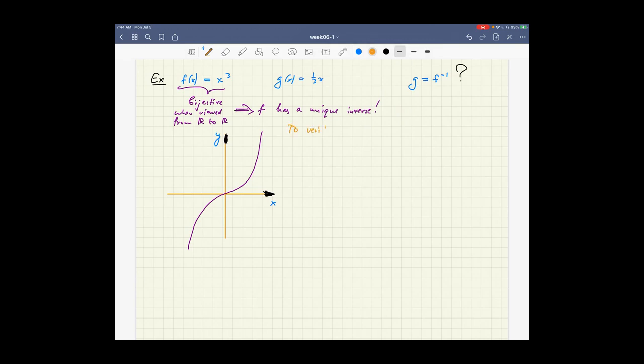To verify whether g is the inverse of f, we must verify that g of f of x equals x for every x in the domain of f, which is the entire real line.